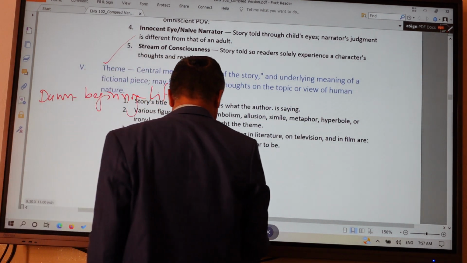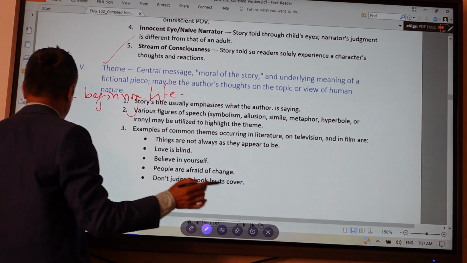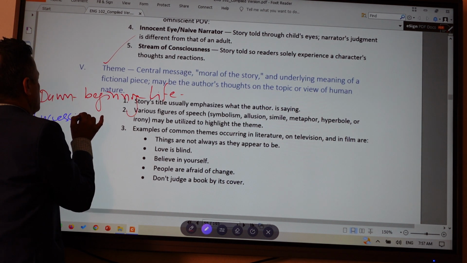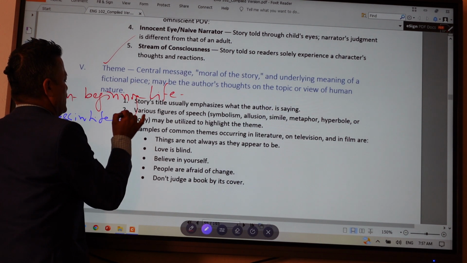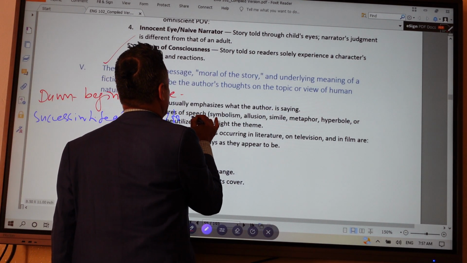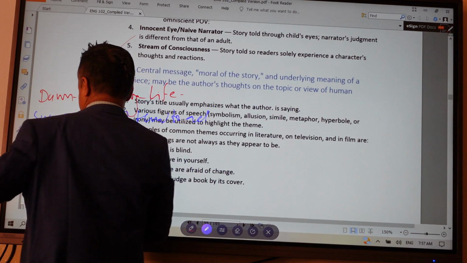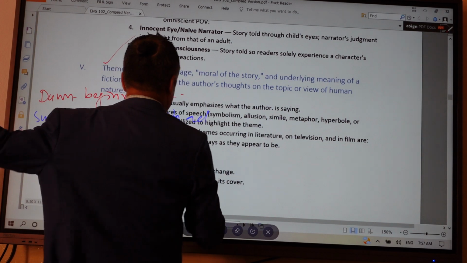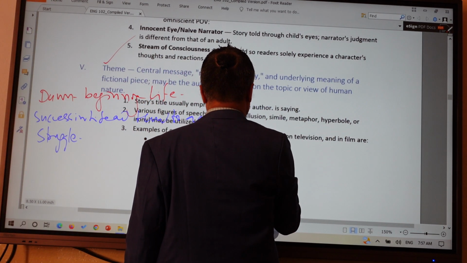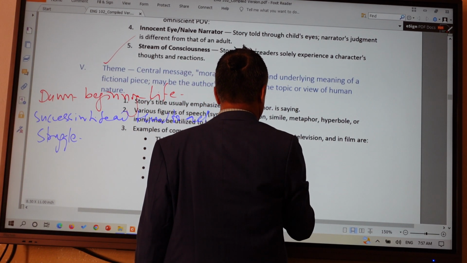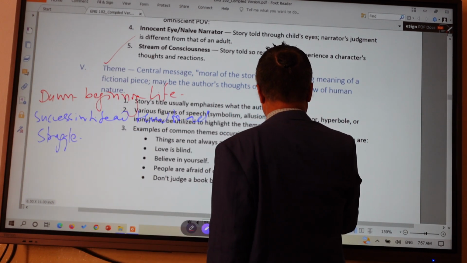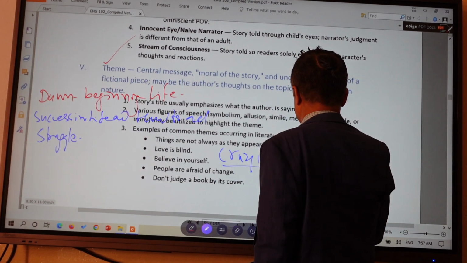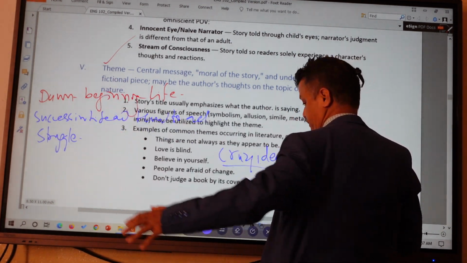So the theme of this novel, I guess you can disagree, is success in life and how to achieve it. The theme of this story is struggle. The theme of this story is crazy idea. The theme of this story is purpose in life. The theme of this story is meaning in life.